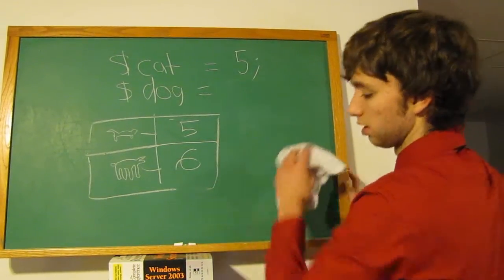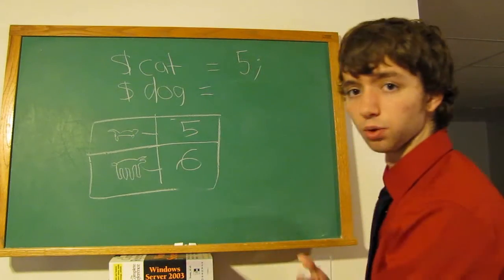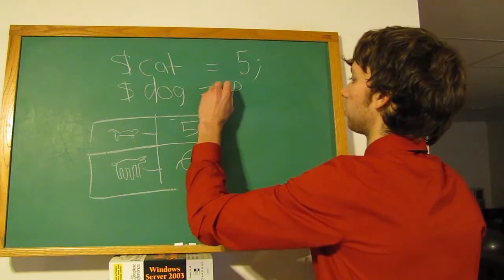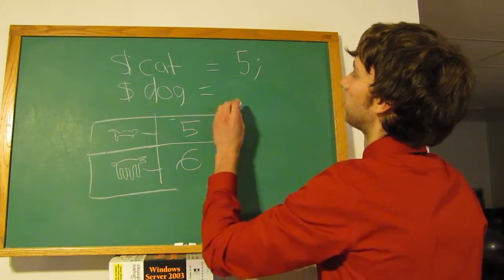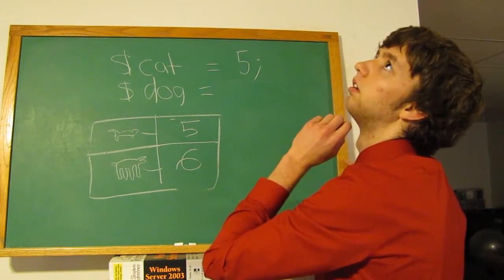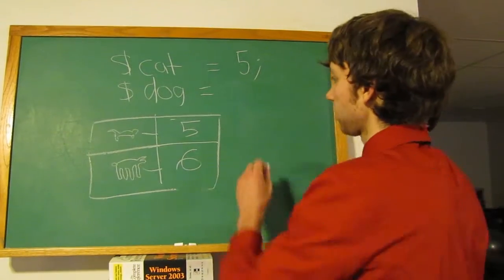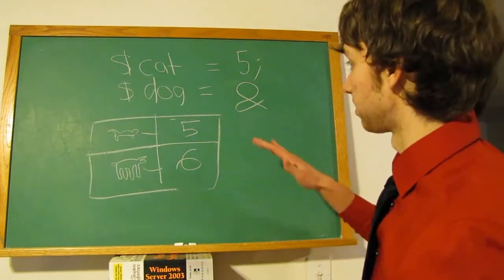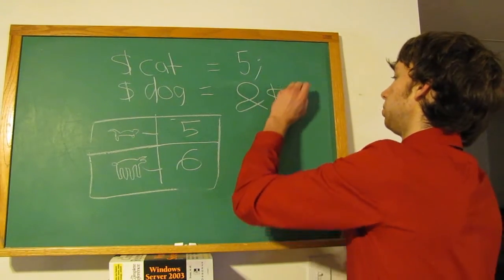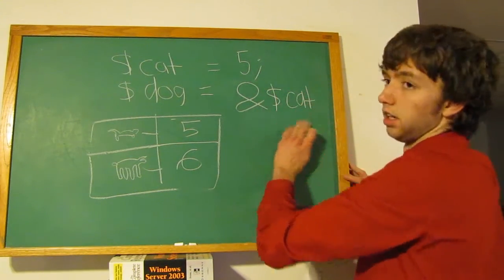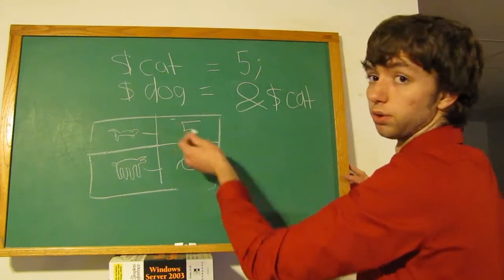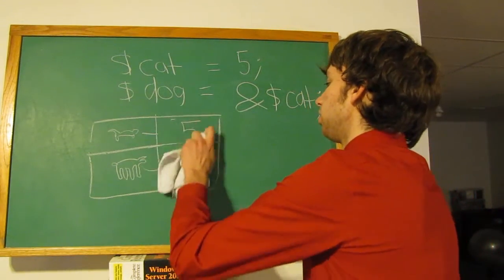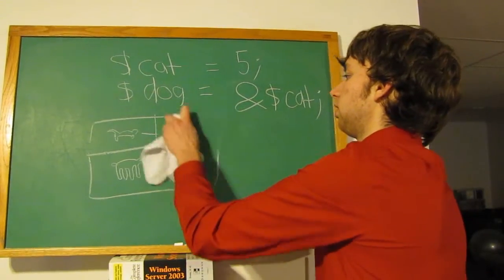To do this, we put an and sign, or an ampersand, whatever it's called. It looks like this. It's the and sign. Then we put the other variable that we were originally assigning it to. So now these both point to the same thing.